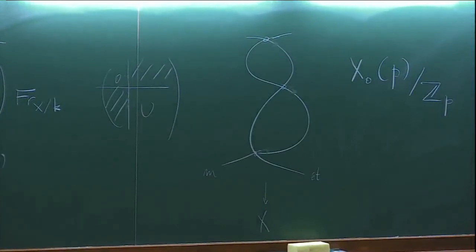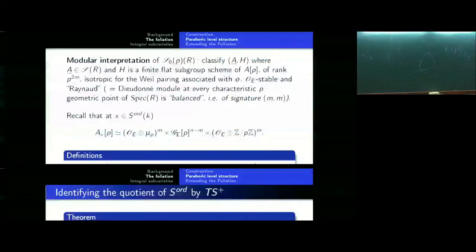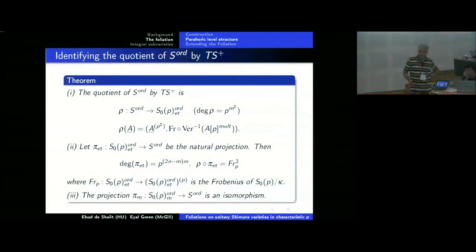So here is the theorem that identifies this quotient S0P étale ORD. So, sorry, this leaf, or so to speak, this irreducible component only over the ordinary part, as the quotient of S ORD by this foliation.